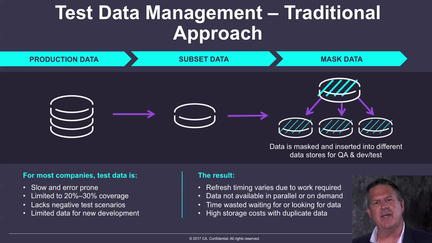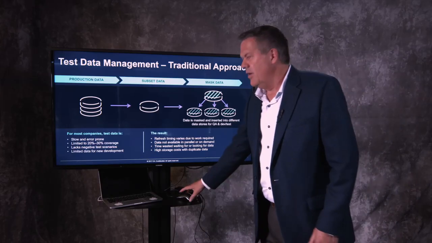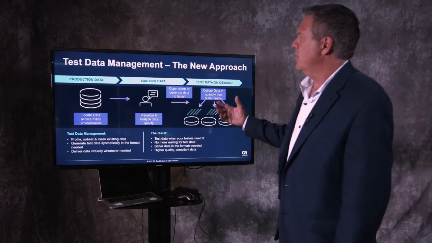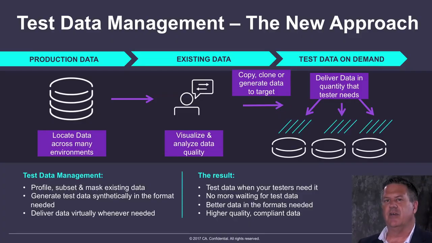But if you don't have that right test data, you're not going to be able to test effectively. And so the result is you have errors, you have bugs in applications, and so on. So the newer approach to test data management really is to take production data and locate that data across many environments and then visualize the data, being able to visualize that data and analyze the data quality.